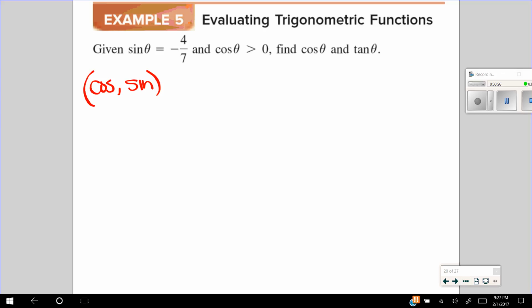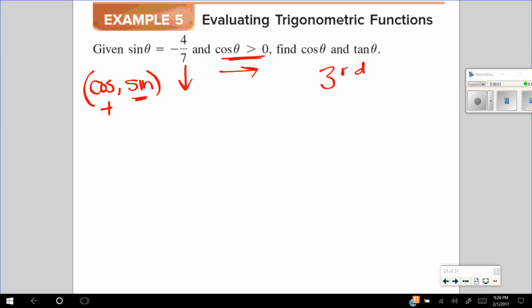So when your sine is negative, that's your y coordinate, that means you've moved down. So we're in one of the bottom two quadrants. And it's telling us that the cosine is positive. So that means you've moved to the right. So down and to the right puts us in the third quadrant.